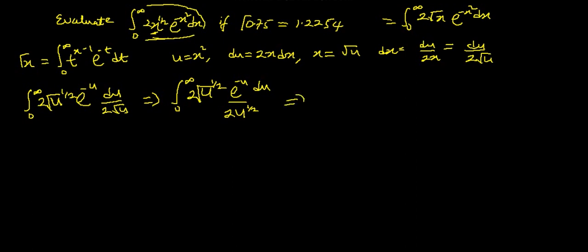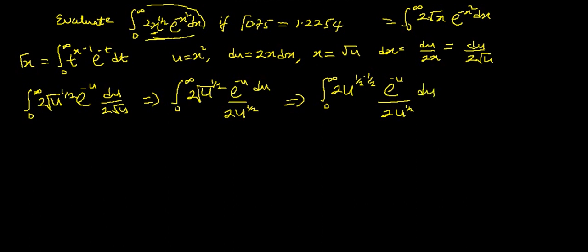Now let's solve this further. This can also be written as the integral from 0 to infinity of 2u raised to the power of 1 over 2 times 1 over 2, exponential minus u, divided by 2u raised to the power of 1 over 2, du.